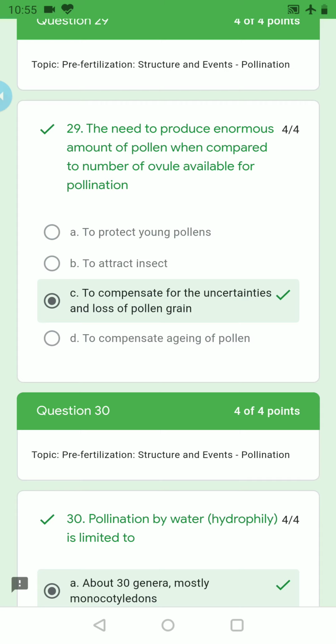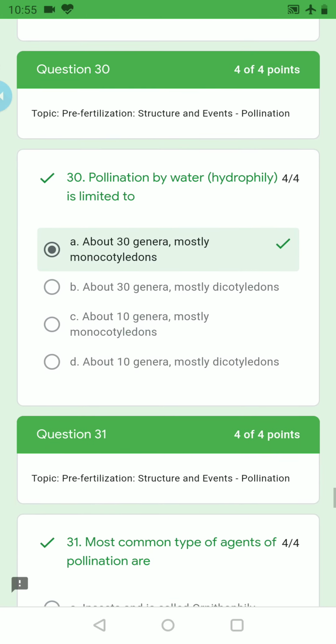In the next generation there will be no such plants. There will be no further generation. For the purpose of survival during evolution, only a few may transfer. If it produces only a few, there may be no sure seed set in further generations. To compensate for the uncertainties and loss of pollen, it produces a huge number of pollen grains. Okay? Yeah. The next question.